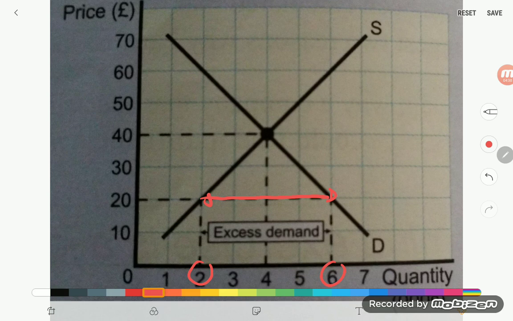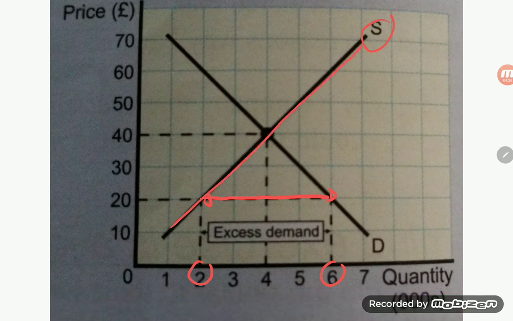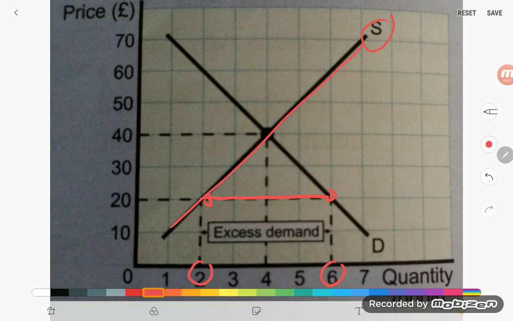I know 2,000 are being supplied because I find the supply curve, which is this one. This is my demand curve, and that will be the quantity demanded at a price of £20.